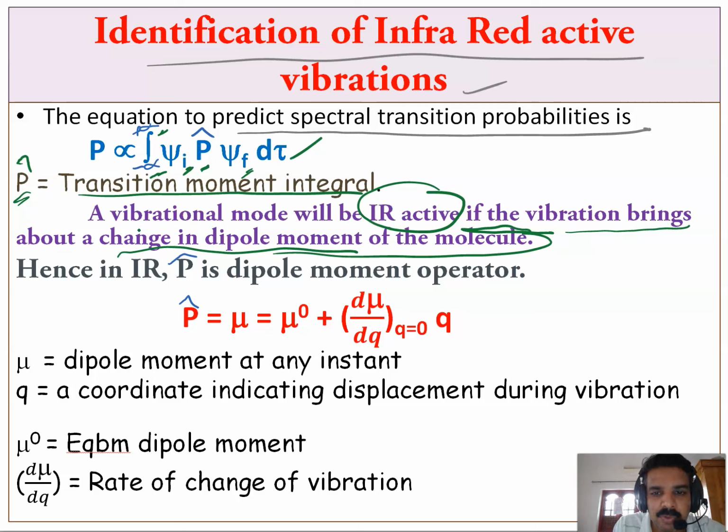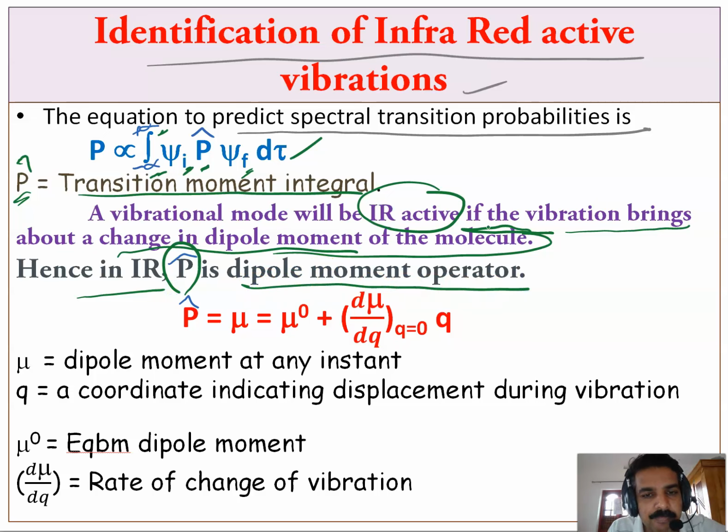Therefore, in IR, P is actually the dipole moment operator. Actually it is a transition moment operator. In the case of vibrational spectroscopy, this P cap is actually the dipole moment operator.